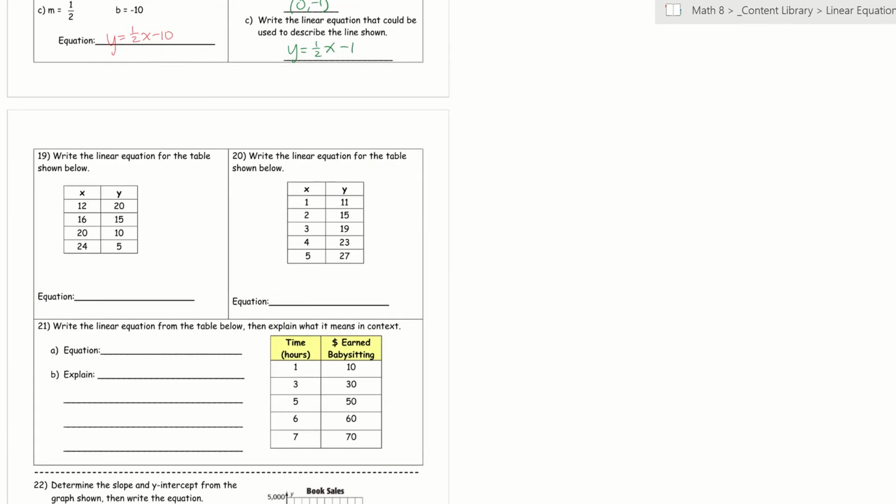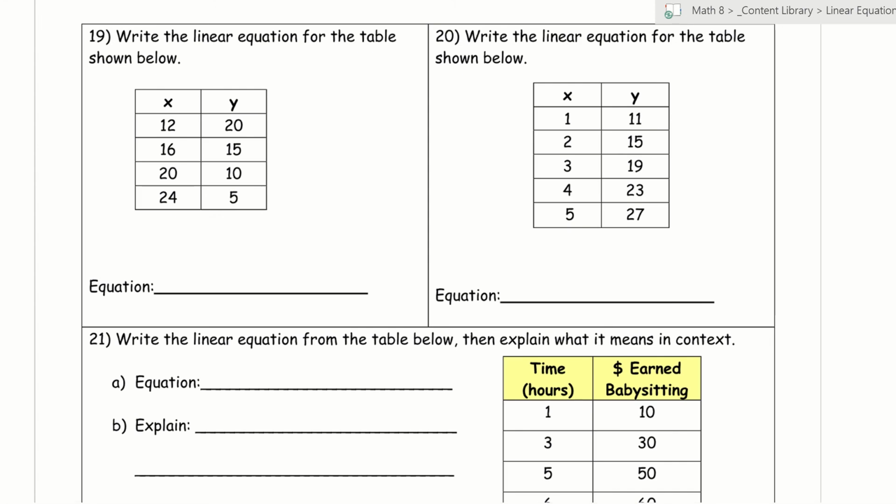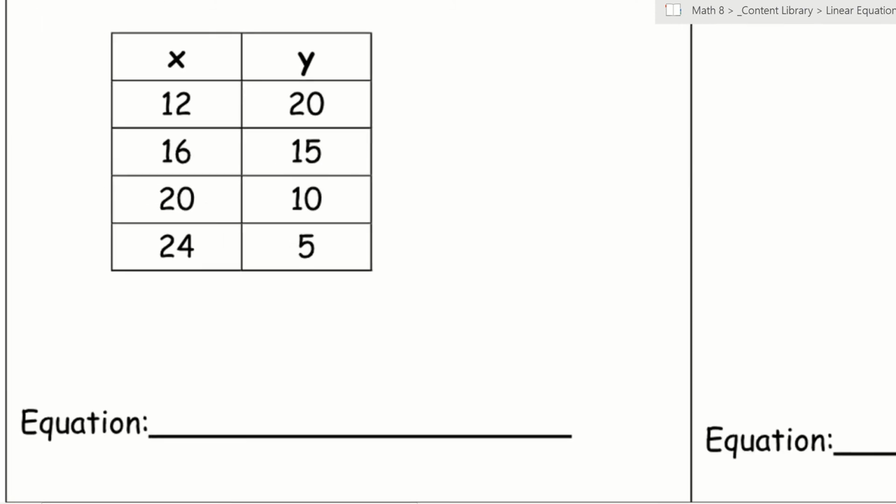All right, for the table shown below, same idea. We are going to choose any 2 points. I don't care. I have to find the slope. From a table to find the slope, I'm going to use the slope formula. So I'm going to say this is my x1, my y1.